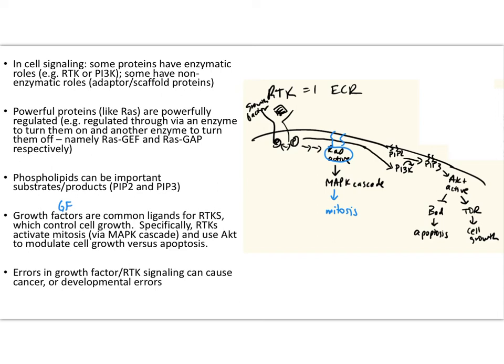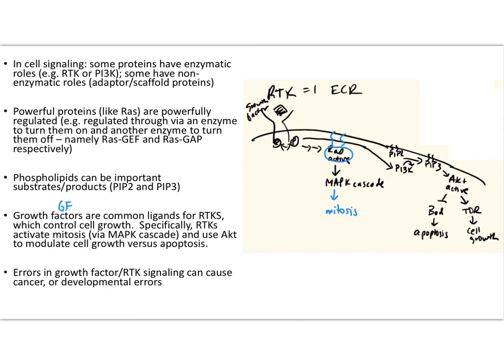Basically, again, this whole thing is to talk about the cell growth part. The way that this ties into cell growth for this growth factor is because there are a couple different ways that the signaling can go down. One way is that RAS can be activated, and active RAS will tie into the MAP kinase cascade, which eventually cues up mitosis. Remember that the M of MAP kinase stands for mitogen, meaning mitosis generating. Secondly, RTKs can clue into the PI3K enzyme, and so then that also ends up determining cell growth versus apoptosis by acting through AKT.